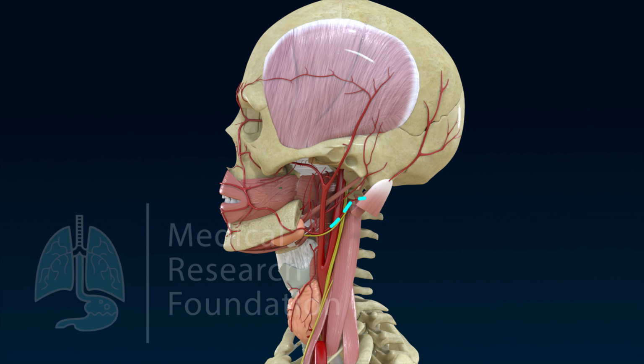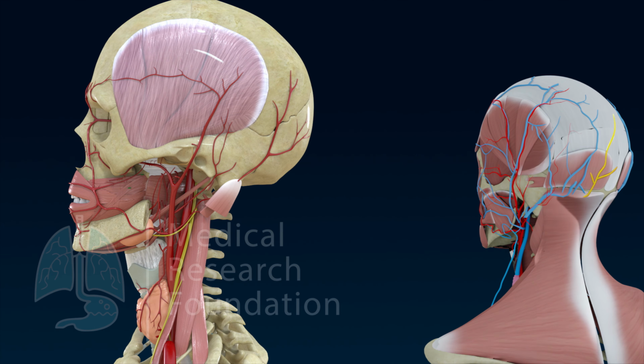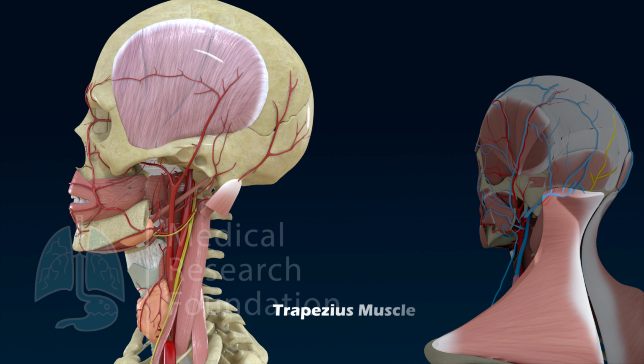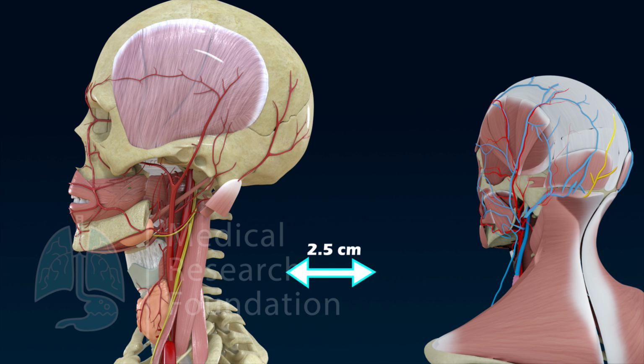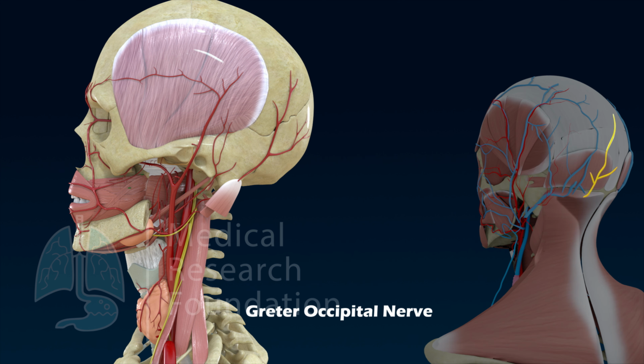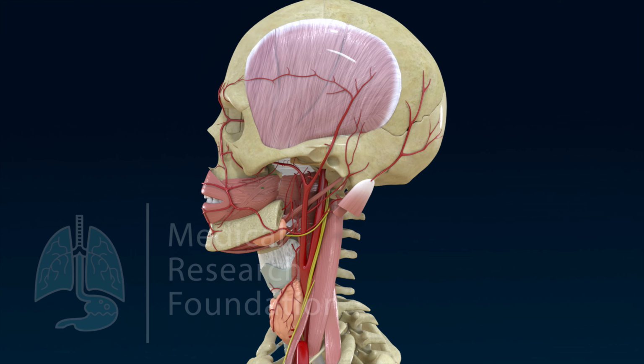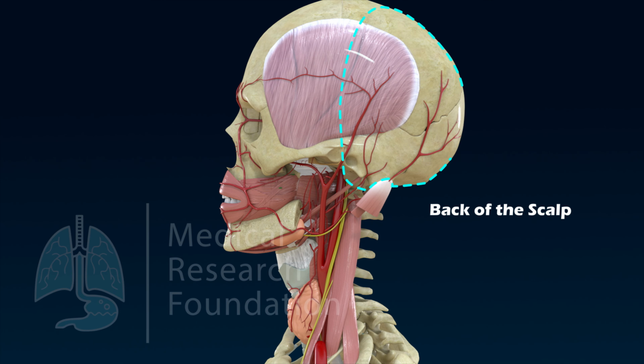Then it runs deep to the mastoid process, grooving the lower surface of the temporal bone, medial to the mastoid notch, to reach underneath the trapezius muscle, which it pierces 2.5 centimeters away from the midline and comes to lie just lateral to the greater occipital nerve. It supplies most of the back of the scalp.